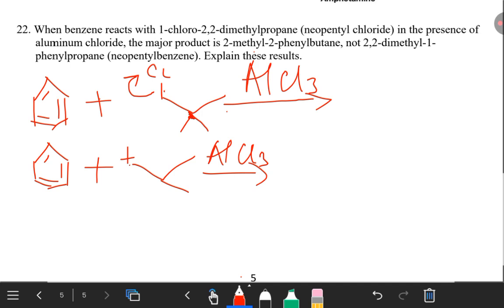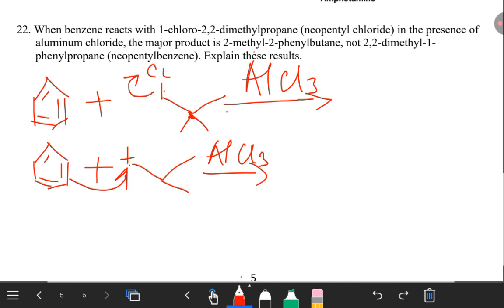So this double bond now can attack this carbocation. But mind you, if this double bond attacks this carbocation, the product which is going to be formed is the minor product, because this is a primary carbocation.